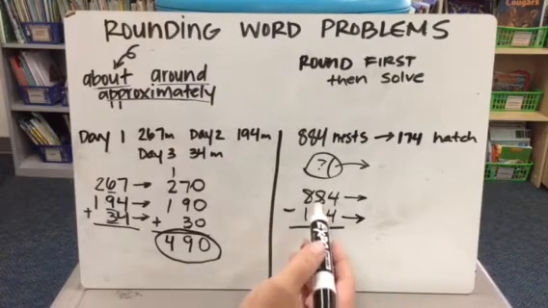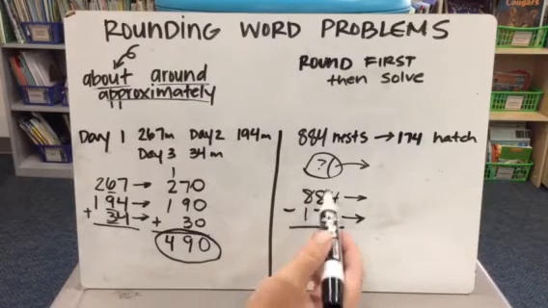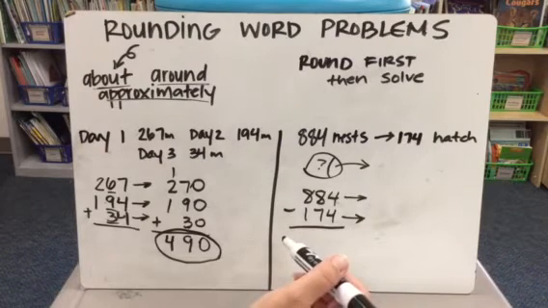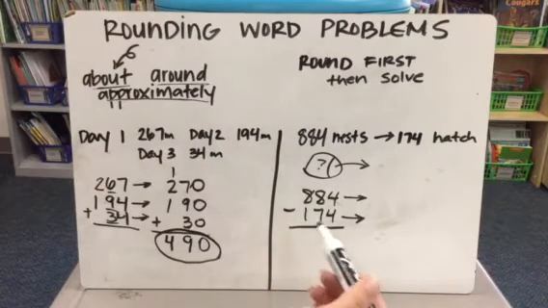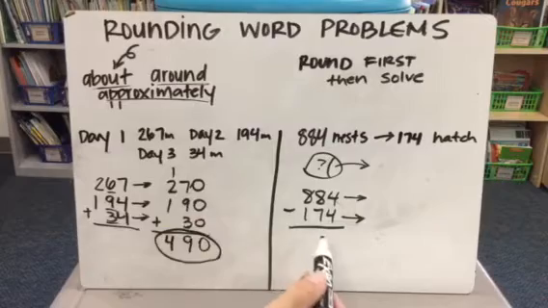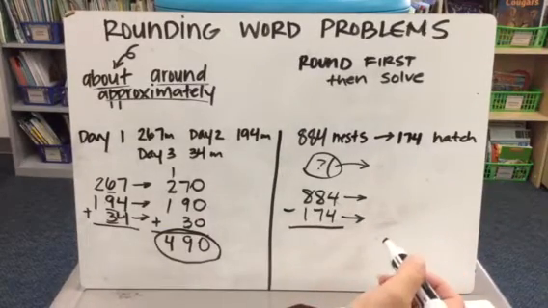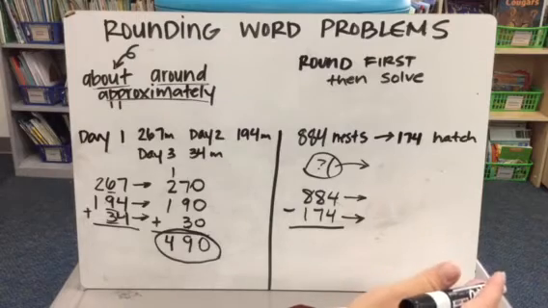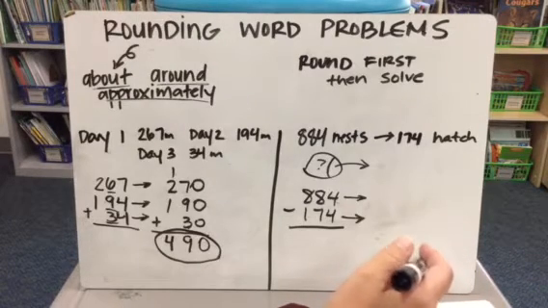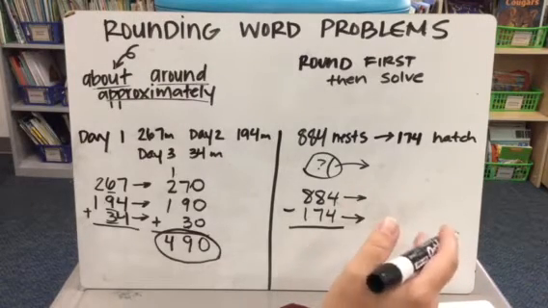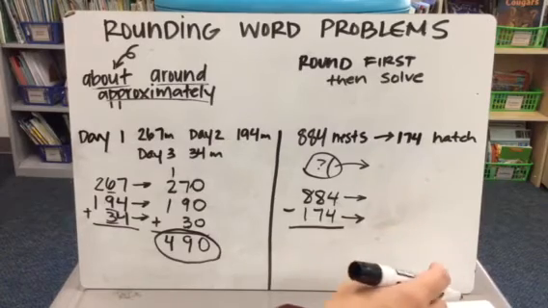Now here, I could use the nearest 10 or the nearest 100. Both of these would be okay. I'm going to do the nearest 100 since I did the nearest 10 in the last problem. I'll practice both of them. Again, if you are successful rounding mentally, do that. If you're more successful rounding with the number line, do that. Use the strategy that's best for you.